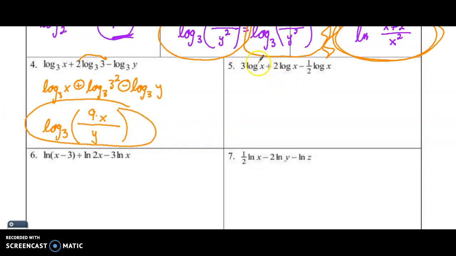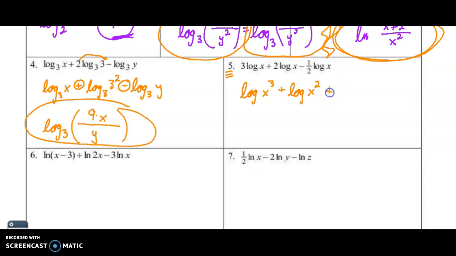So as I look at the next one, again, I'm well aware that some of you could do this in your head. I want to show you a neat little rule of logs that might help you as well, is to rewrite it like this: log of x cubed plus log of x squared.